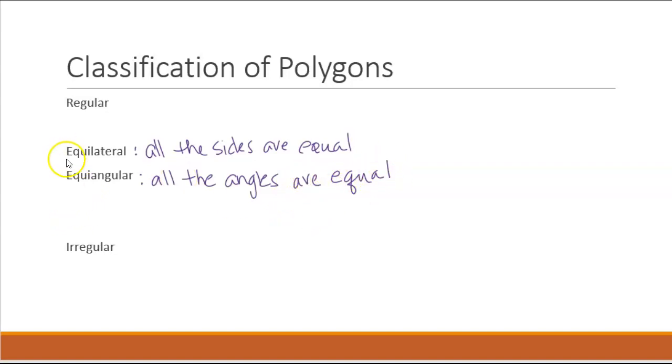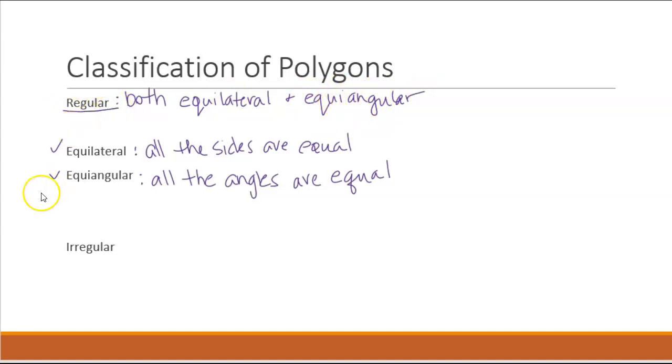If a shape is both equilateral and equiangular, we call it regular. Which kind of seems counterintuitive. Maybe it should be called special. I don't know. But if a shape is both equilateral and equiangular, it is called regular.